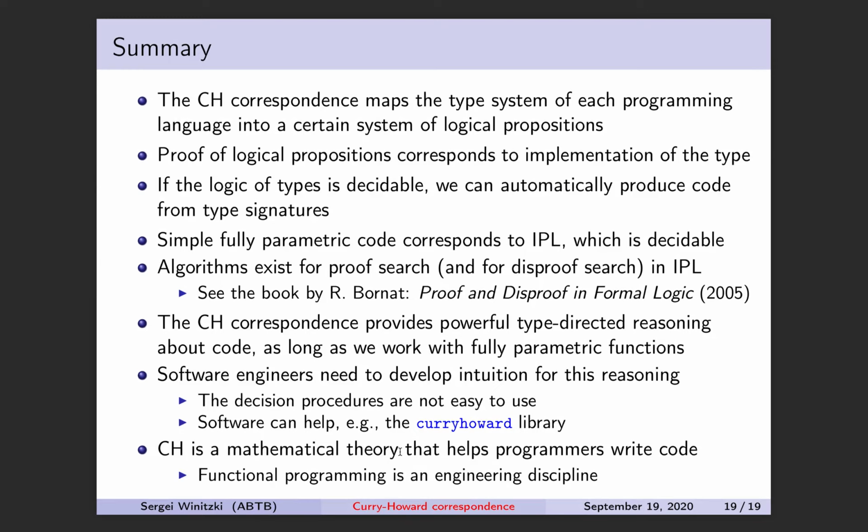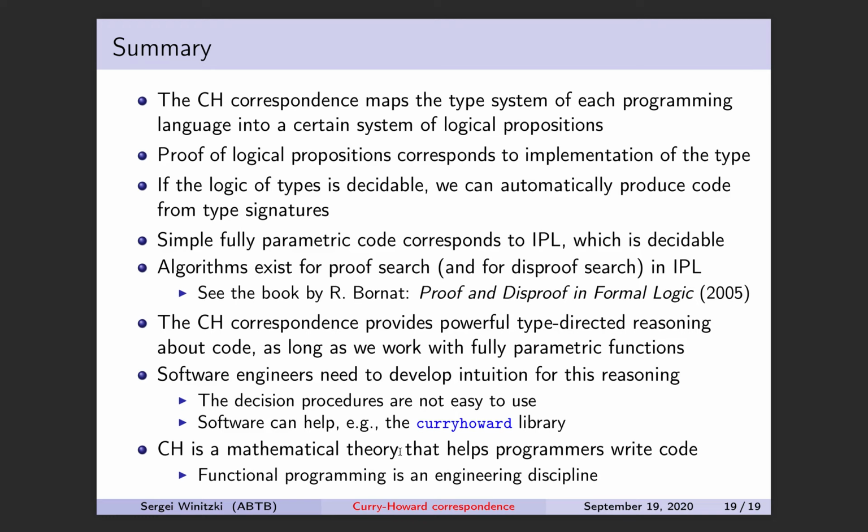And so in this way, functional programming becomes similar to an engineering discipline. In engineering disciplines, engineers such as mechanical engineers, chemical engineers, or electrical engineers use mathematical theories to guide them in their designs. They don't just design by trial and error or by tradition.